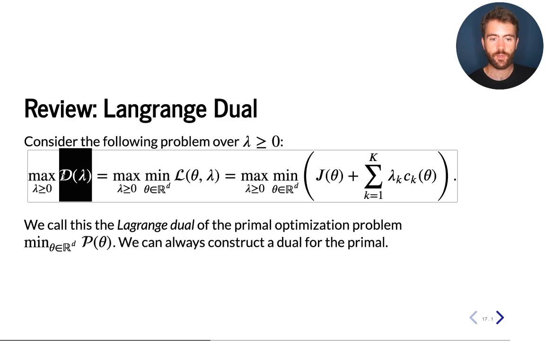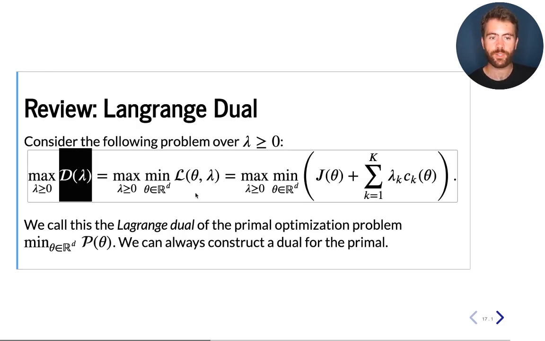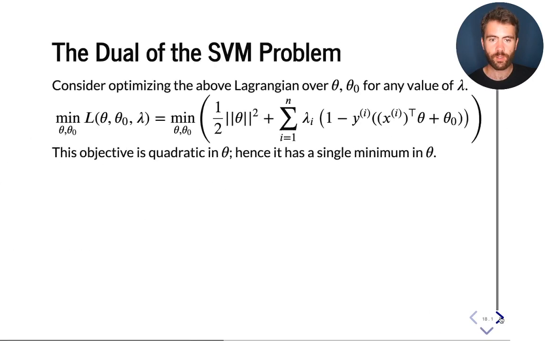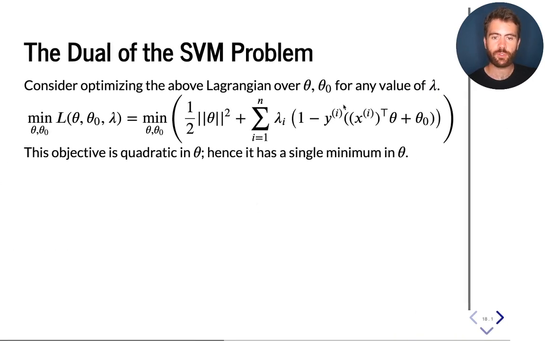On the next slide, I'm going to define what d of lambda is, and d of lambda is the thing that we're going to be maximizing over lambda. So this is our d of lambda that we're going to be optimizing.